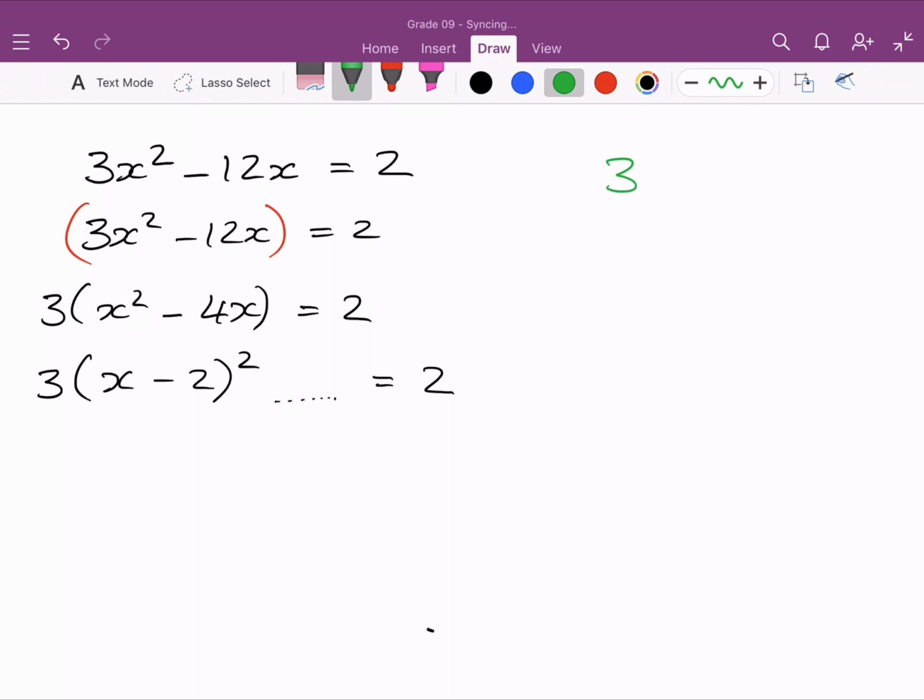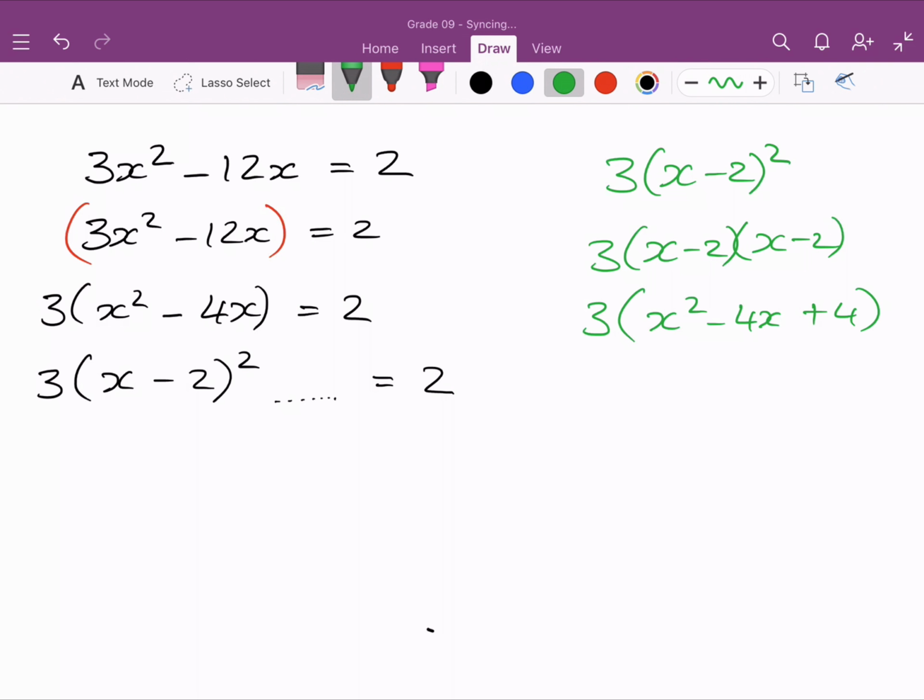We take our 3 times x minus 2 all squared, x minus 2, x minus 2, which will become 3 times x squared minus 4x plus 4. Multiply that out: 3x squared minus, not 4, that's a slip there, should be 12x plus 12.